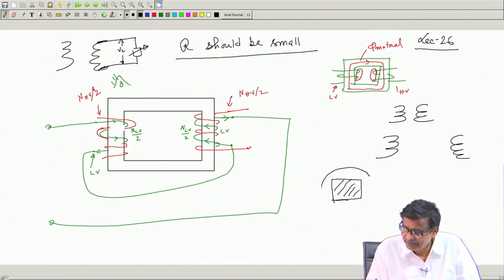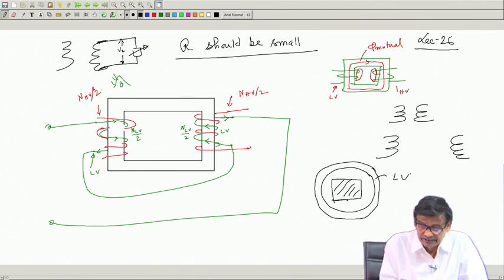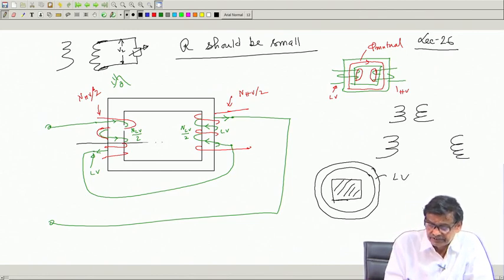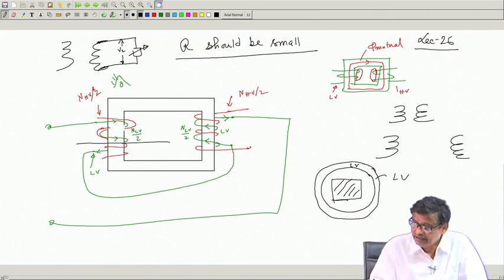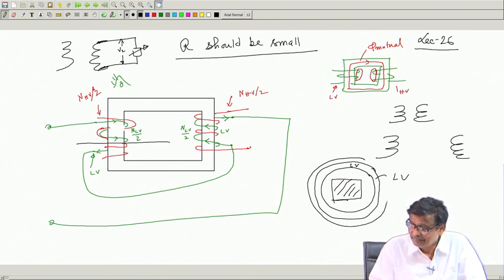First you see the LV winding, it will be wound like this. What is this diagram I am drawing? Your sectional diagram looking from the top. This is LV, and then over which, so this is the LV winding. The turns which I am showing by shaded line, and this is the HV winding.